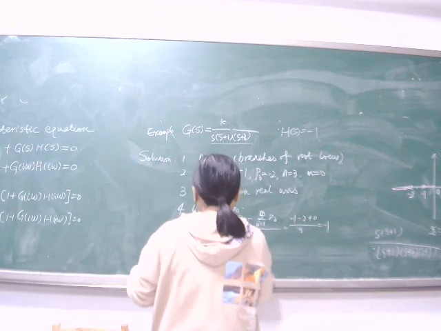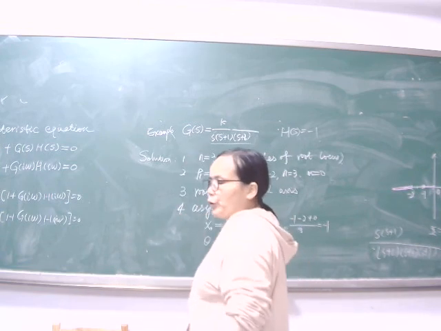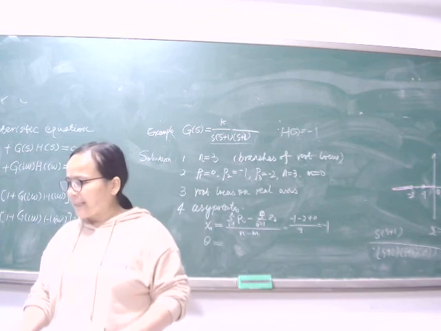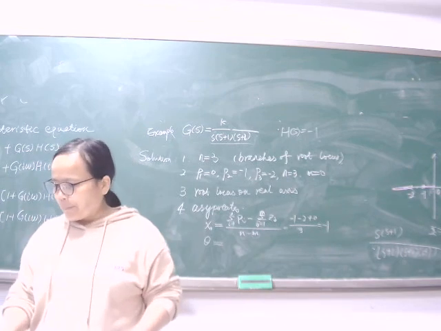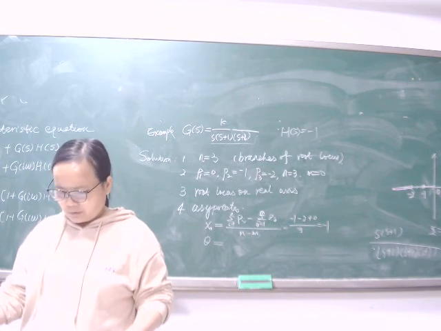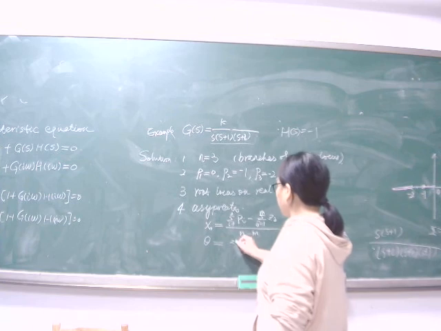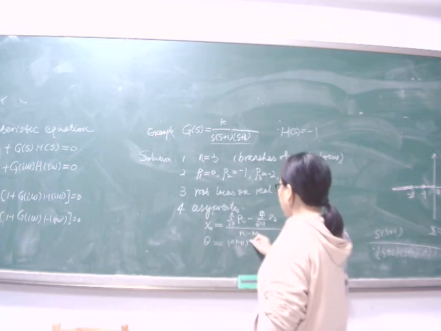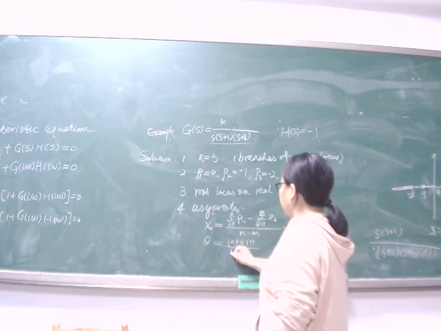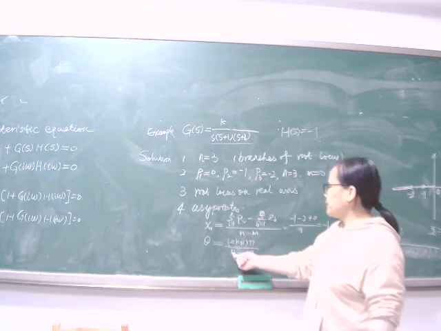And the theta is equal to what? The theta is (2k plus 1) times pi divided by n minus m. Here n is 3, and m is 0, so n minus m is 3.